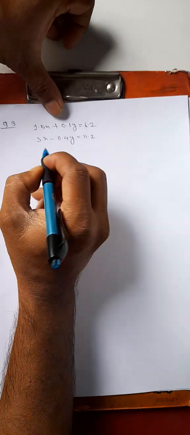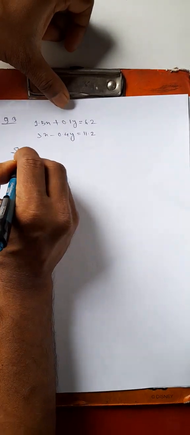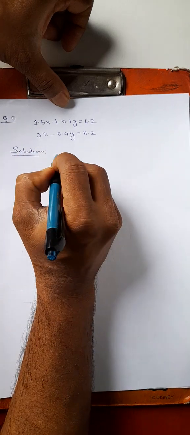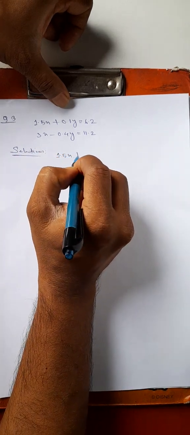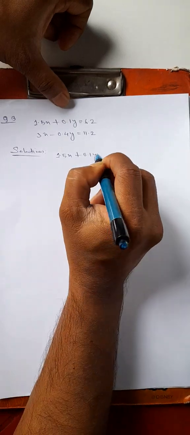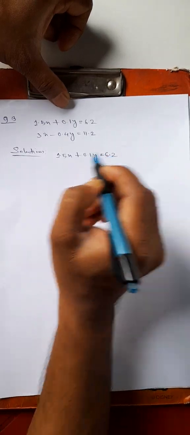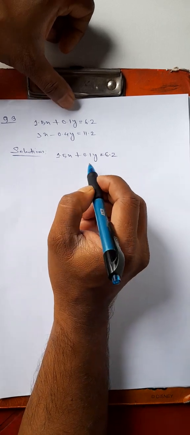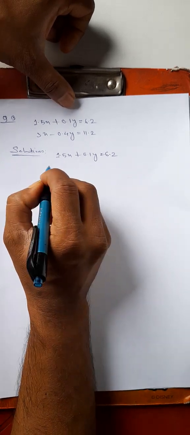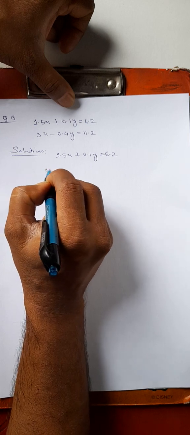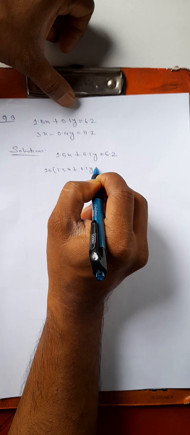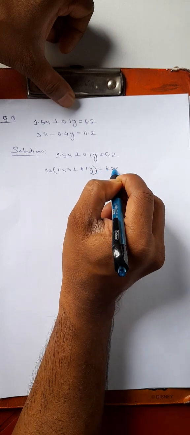So let us try to solve these equations. Equation 1: 1.5x plus 0.1y equal to 6.2. Now if you multiply both sides of this equation by the same number, say multiply by 10, what will you get? 10 into 1.5x plus 0.1y equal to 6.2 into 10.